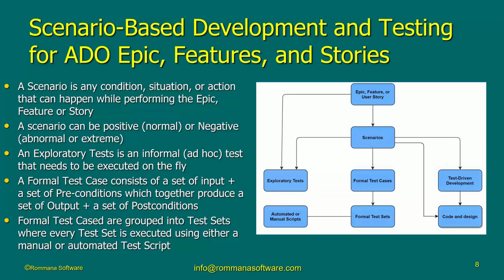Rather than doing that, they take the user story and the scenarios that have been built by the QA team and validated by the development team, and they write their test cases based on those scenarios. I refer to this as scenario-based test-driven development, not just test-driven development. And when they write their test cases, they can now write the code.